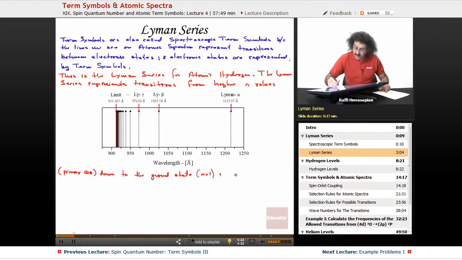So this represents transitions from level 2 to level 1, level 3 to level 1, level 4 to level 1, and so on.